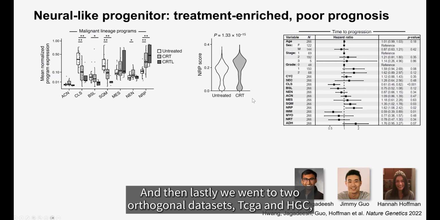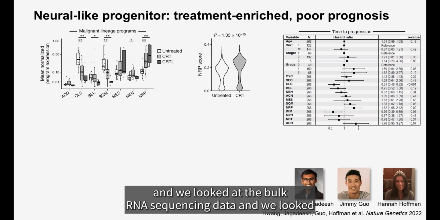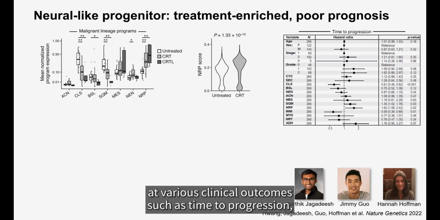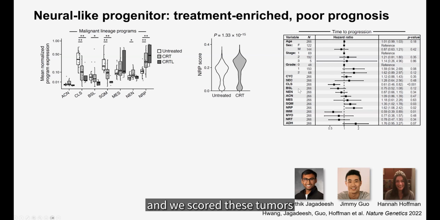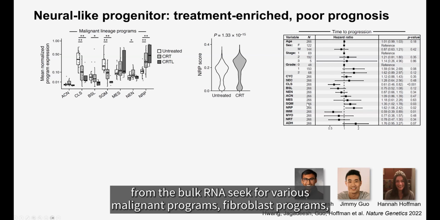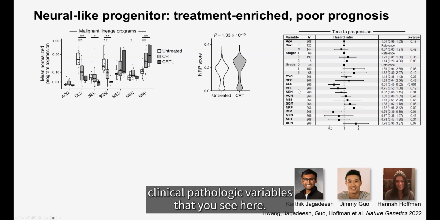And then lastly, we went to 2 orthogonal data sets, TCGA and ICGC, and we looked at the bulk RNA sequencing data, and we looked at various clinical outcomes, such as time to progression, and we scored these tumors from the bulk RNA-seq for various malignant programs, fibroblast programs, clinical pathologic variables that you see here.